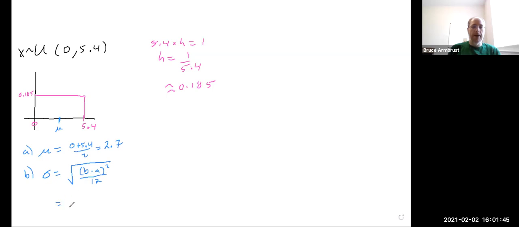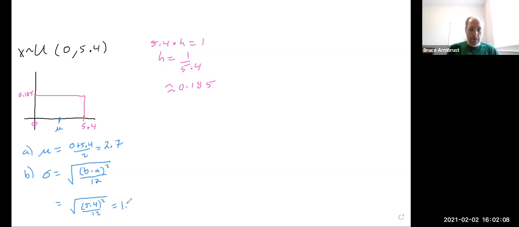So we're going to put in our values. So b minus a, that's 5.4 minus 0. So we're going to get 5.4 squared divided by 12, all inside that square root. All right, so let me see what that gives me.